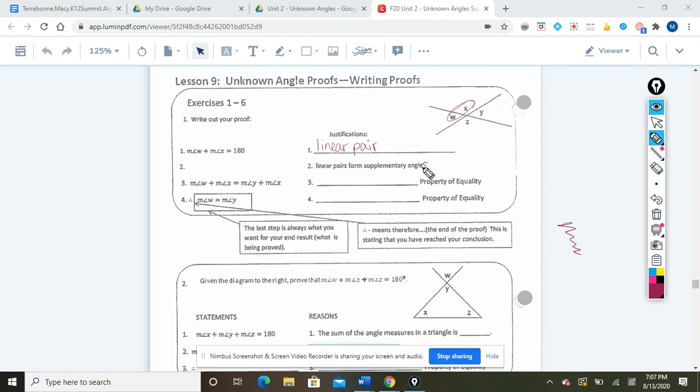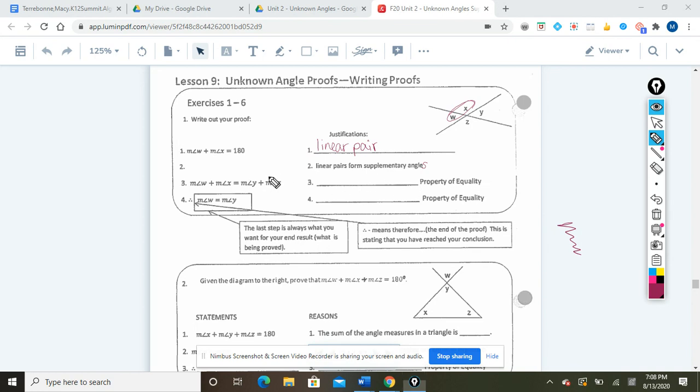There should be angles. But if I look at this, this is a linear pair, this is a linear pair, this is a linear pair. So how do I know which one to put? We're going to sneak a peek at the next line, which says W plus X. Where does that come from? That comes from right here, is equal to Y plus X, and then this is some property of equality.